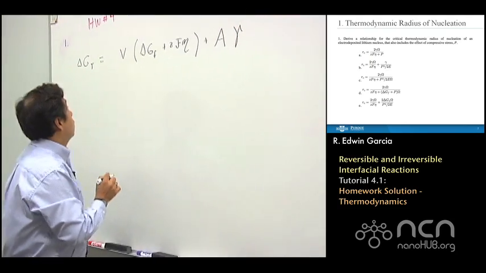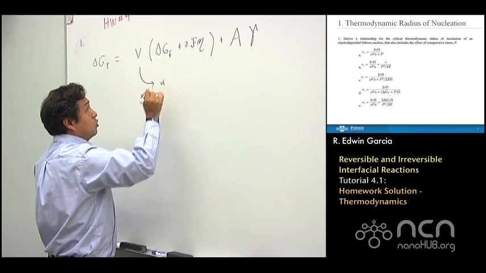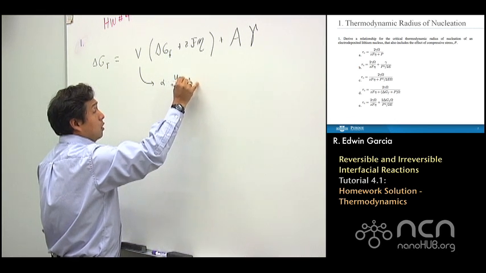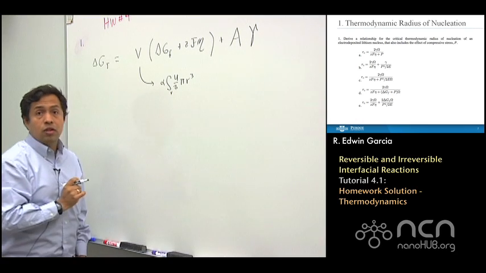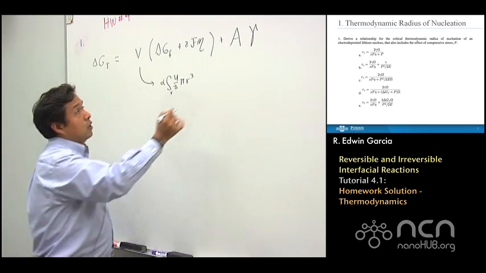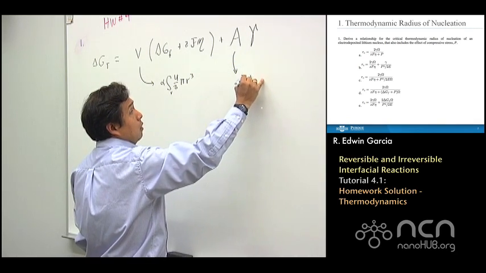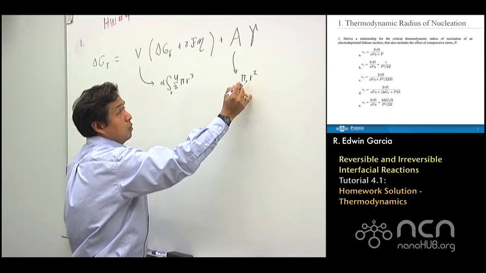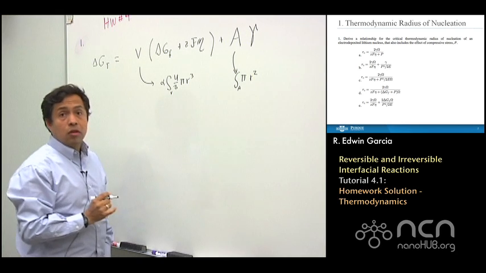Conceptually, this is proportional to 4/3 pi r cubed. There is, of course, a volumetric shape factor that one has to include there in order to get the right shape. And same here, there's a pi r squared, proportional to the square of the size, and there's also an area contribution there.